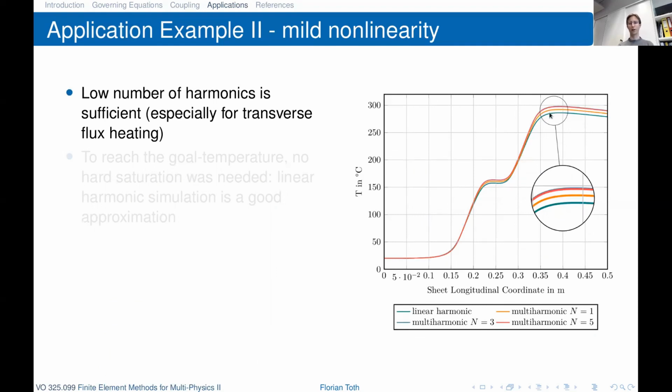increases in temperature, and you can see that after the inductor we have a slight decrease in temperature simply by the loss due to the boundary conditions to the surroundings.